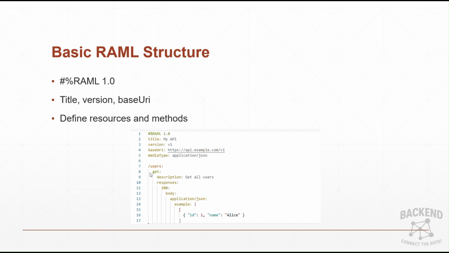If you see line number 7, we have mentioned /users is our endpoint, and get is our method, and here is the response. If you call this get users, this is a sample response you might be getting from the API. This is how it looks like.